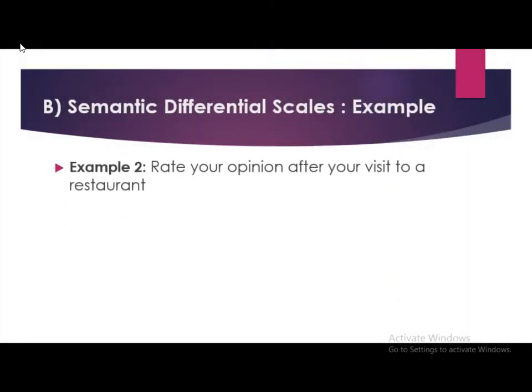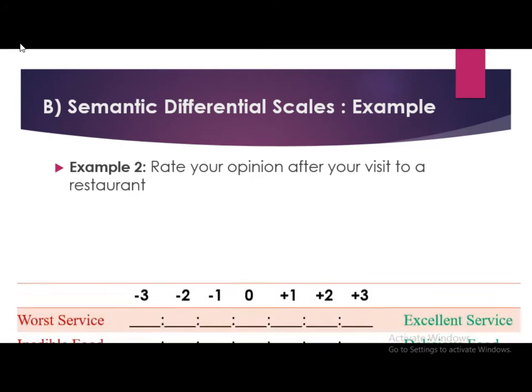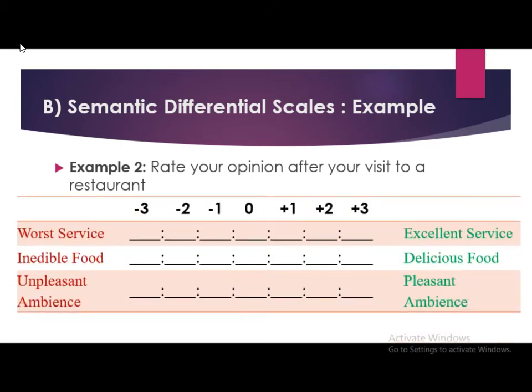Rate your opinion after your visit to a restaurant. So, about the services of the restaurant. Worst services will be -3 and excellent services will be +3. Similarly, two exactly bipolar parameters we will identify like this: inedible food or delicious food, unpleasant ambience or pleasant ambience.